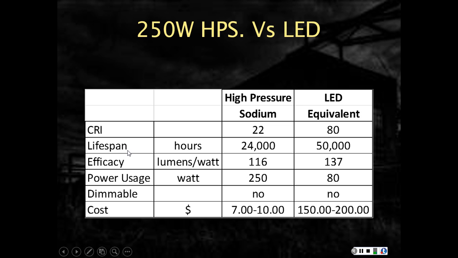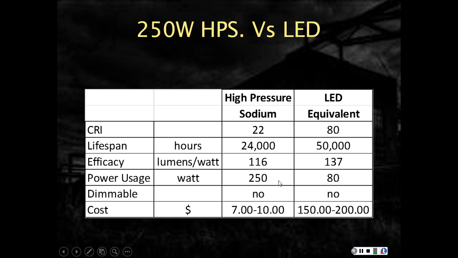The lifespan, high pressure sodium, not a bad lifespan at 2,400 hours, but the LED equivalent is all the way up to 50,000 hours. So superior life by a factor of 2. On the efficiency, high pressure sodiums are fairly efficient at 116 lumens per watt. The LED equivalent is even higher at 137 lumens per watt.